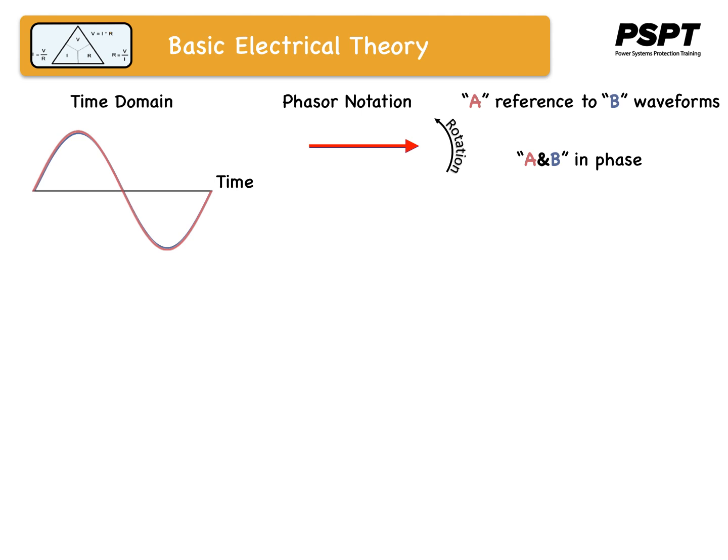And you can see that with the time domain graph. The one is right over top of the other. And not only are they in phase, but they are also the same value. In other words, the magnitudes are the same. And in phasor notation, it's one on top of the other. So there's zero phase shift between A and B.